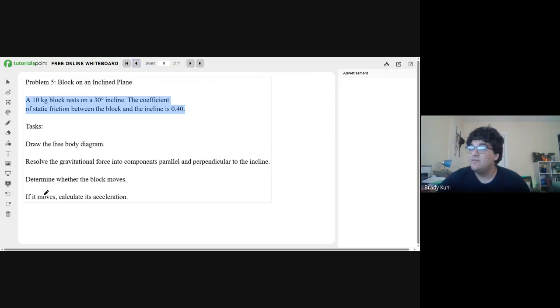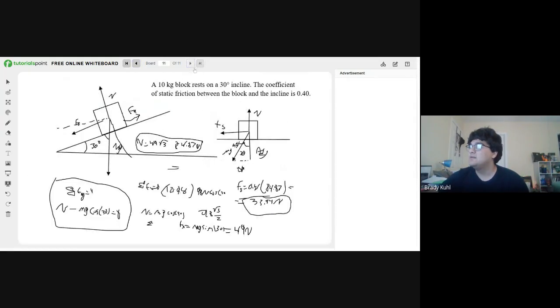If it moves, calculate its acceleration. So now we have 49 newtons in the x direction minus 33.94 also in the x direction. So 49 minus this will be 15 newtons, if you round to the closest number.